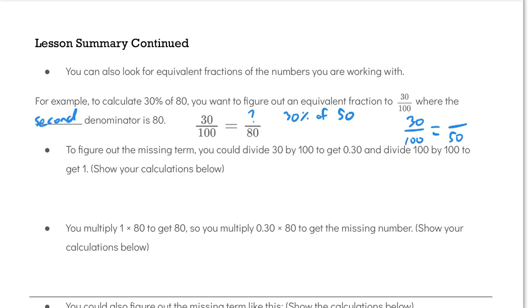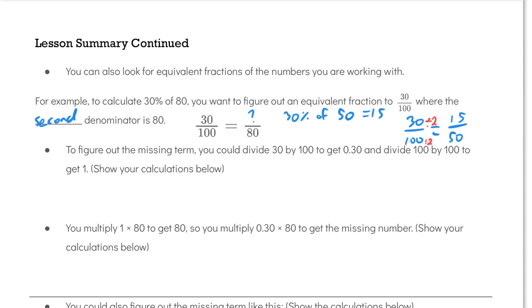What is that something? Well, in this case, it would be simple enough to just divide by 2, divide by 2, and I come up with 15. So I have my answer right here. That's a one-step process because I know that I can divide this by 2 and reach 50. I don't have that luxury here.